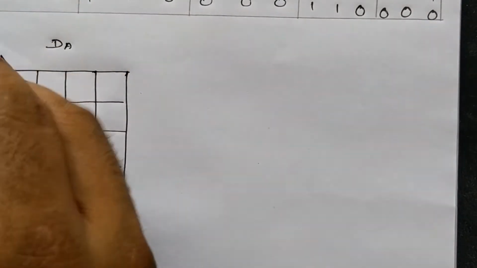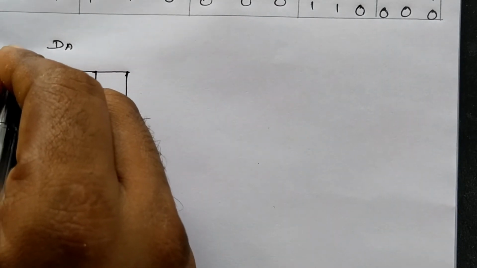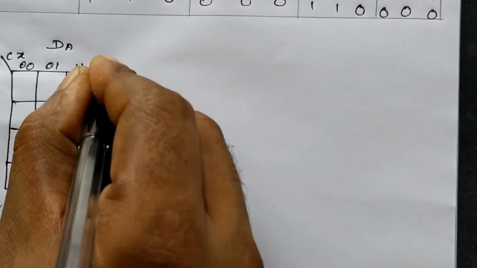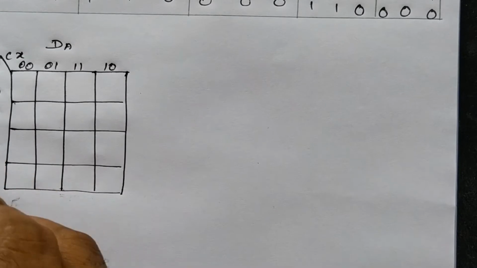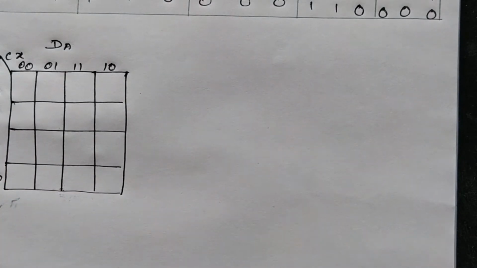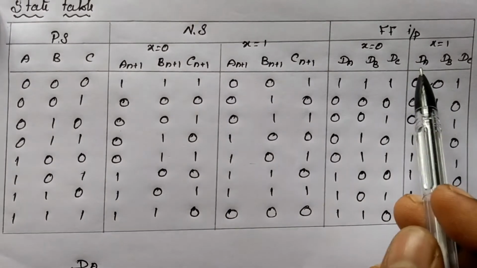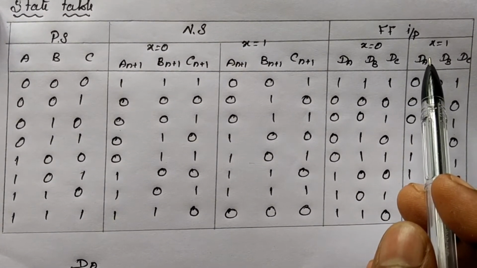Here the present states are A, B, C and the input X. Therefore here it's 0, 0, 0, 1, 1, 1, 1, 0. In the state table, here we are having dA values for x is equal to 0 as well as x is equal to 1.